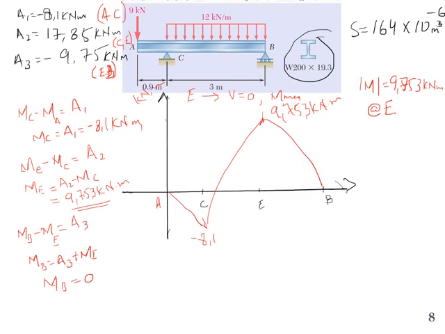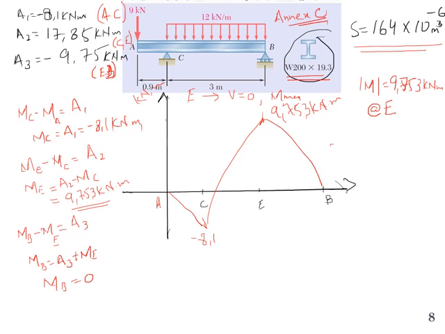Now we have a beam W200 by 19.3. If you go to Annex C of your textbook, you will find for the beam W200 by 19.3, the section modulus for this cross section is 164 times 10 to the power minus 6 meter cube.